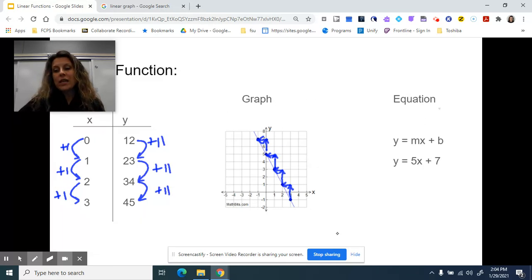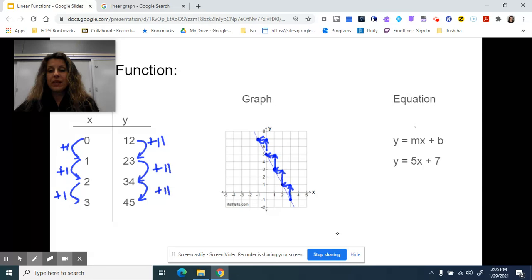Okay, and then for an equation, we want it to be in the form y equals mx plus b. If it's not in that form, we can rearrange the equation. If we can get it to that form, then it would still be considered linear. m represents the slope, and b represents the y-intercept.